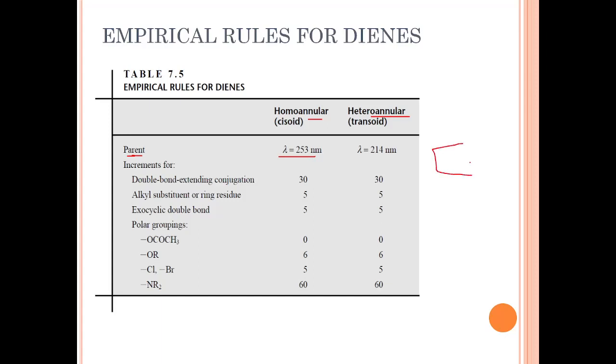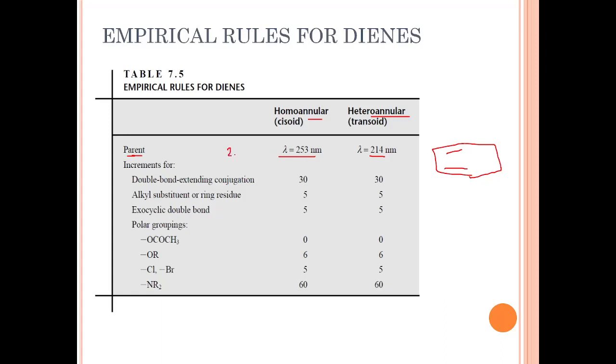Because if we have this type of diene, then we consider the basic value as 214 plus, as they are in the same ring, we again add 39, and it accounts for 253.